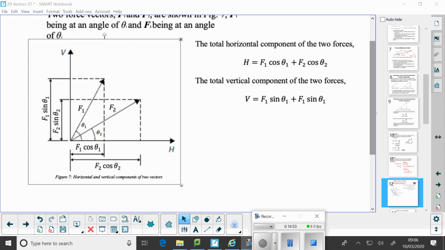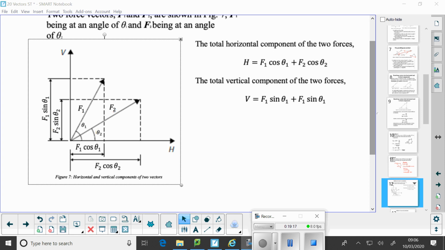F1 has a horizontal component F1 cos theta 1, that's this distance here. And we've got a horizontal component for F2, which is F2 cos theta 2 here. And then we've got two vertical components with the sine functions.